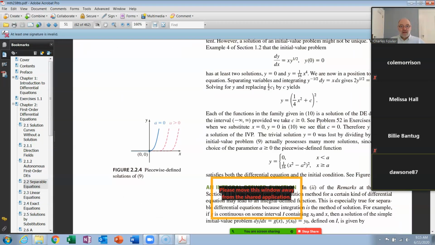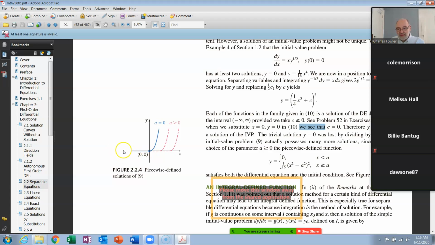Now, the first one would have been that quartic solution. Now, this one actually looks more like a parabola. In fact, it looks way too much like a parabola. The y is equal to 0 would have been this here.